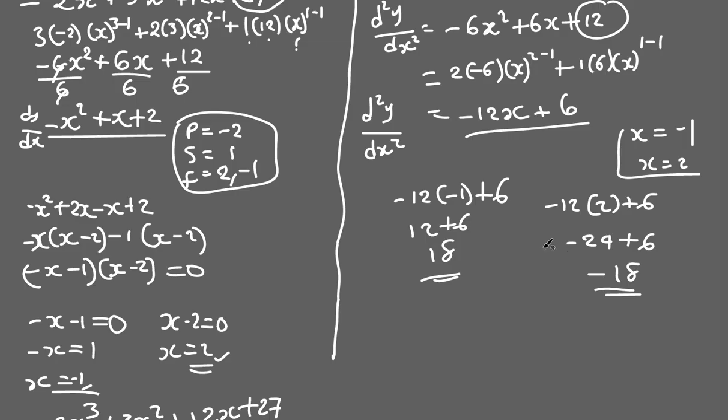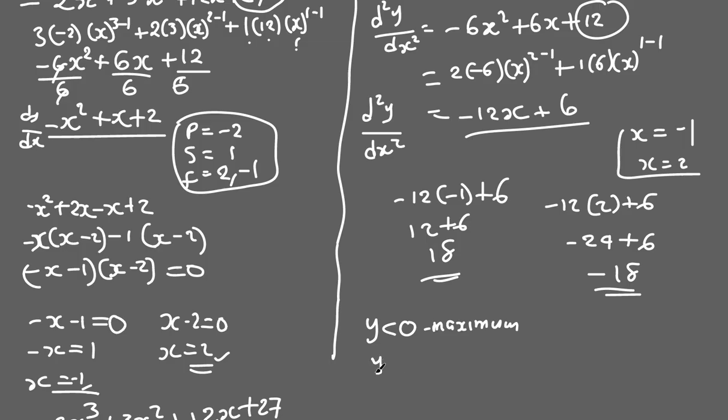Now, remember, when you are taught to find the nature of the stationary point, it's like you've been taught to find the minimum and the maximum turning point. This is what we are actually trying to do. And what we should know is that when y is less than 0, then this becomes your maximum turning point.